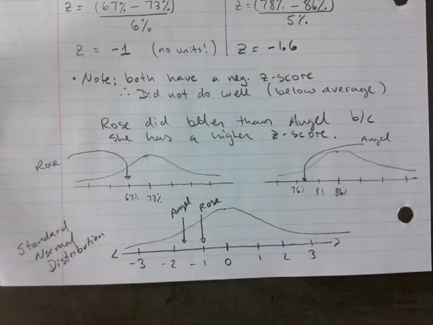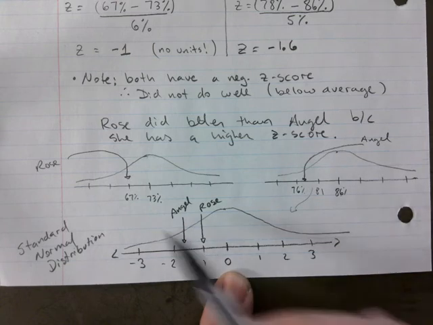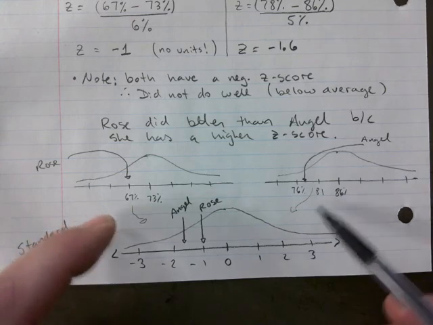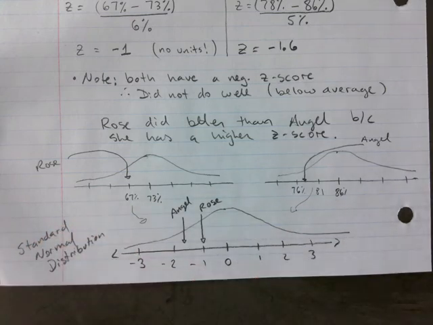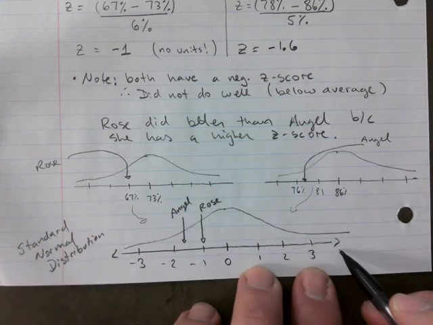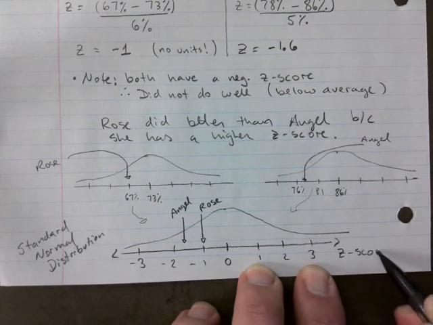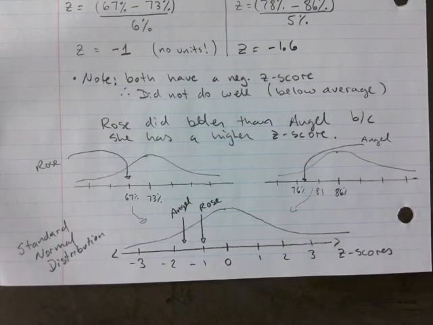So we're transferring the information into a standard normal distribution, and these are z-scores, right? And you can write them at the same time when you're doing a curve, especially if you're only dealing with one data set, okay?